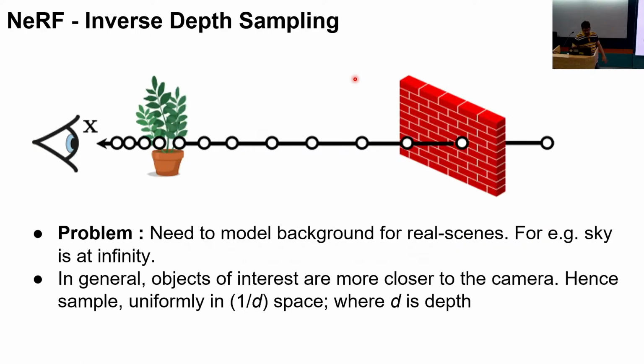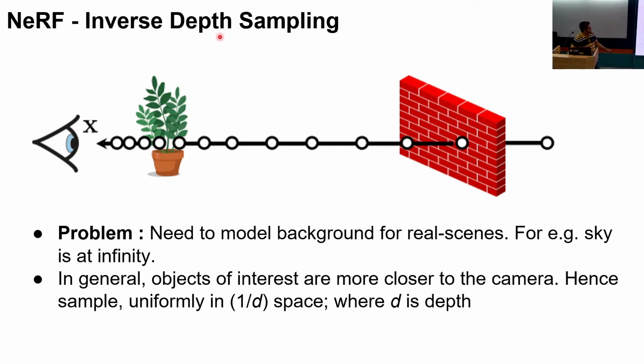And this is another thing, I think one student mentioned it at the beginning of the lecture, that it makes more sense to sample more near the camera viewpoint, because in the background I can't sample at the sky, right? It's at infinity. So it's better to sample more near the camera and sample less at the background.